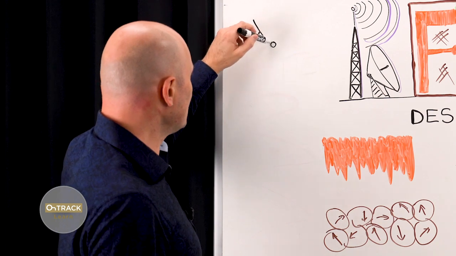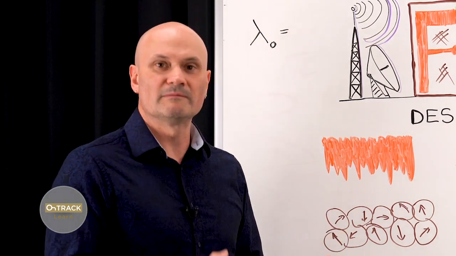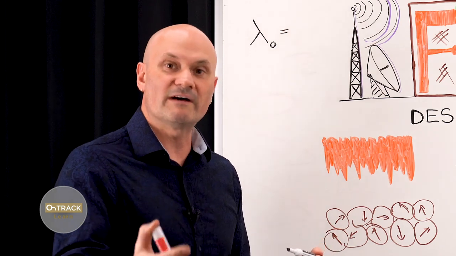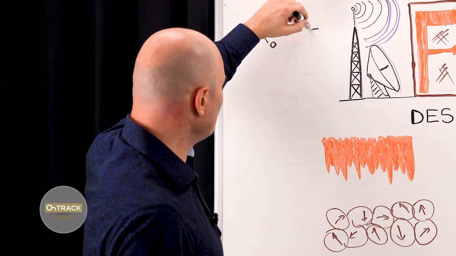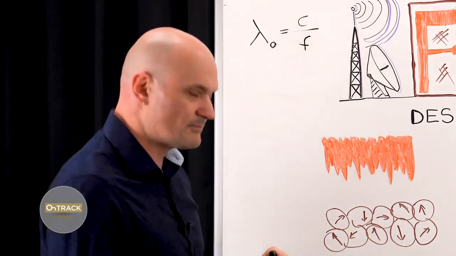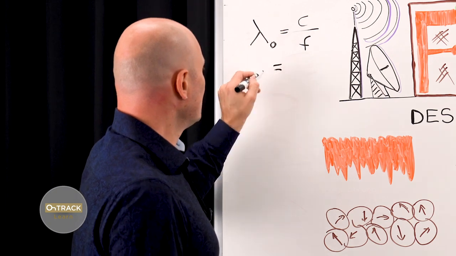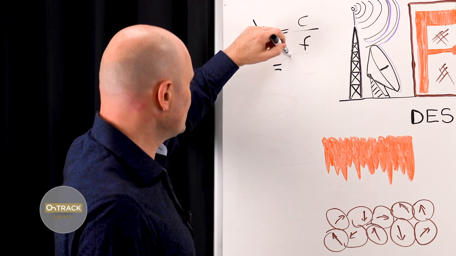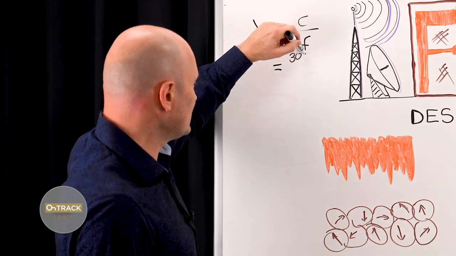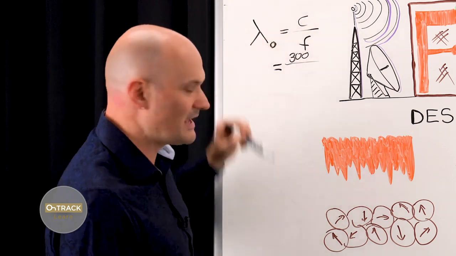This is the wavelength of a radio frequency signal propagating through air or vacuum. Air is close to vacuum. So it's basically the speed of light over the frequency. Basic stuff, right? And anyone who does ham radio would know an easy way to calculate that is to say the speed of light is 3 times 10 to the 8 meters per second, but if you call it 300, you can put F in megahertz.